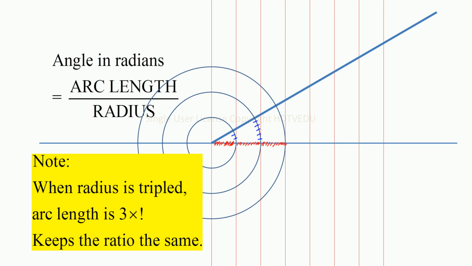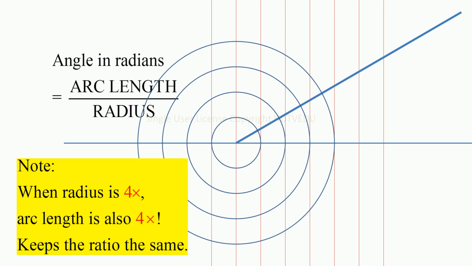How about at 3r? We expect 9 units there. 1, 2, 3, 4, 5, 6, 7, 8, 9. Again, we keep the ratio the same. When the radius is tripled, the arc length also gets tripled. All right, so the ratio is the same. So we have the same angle.